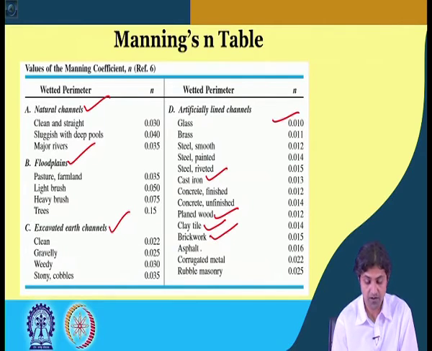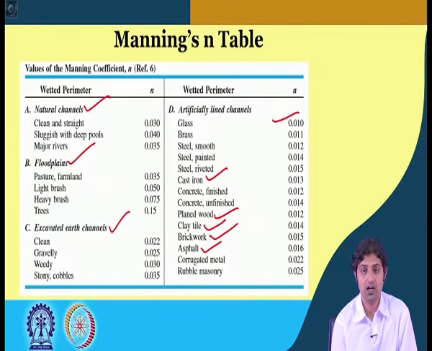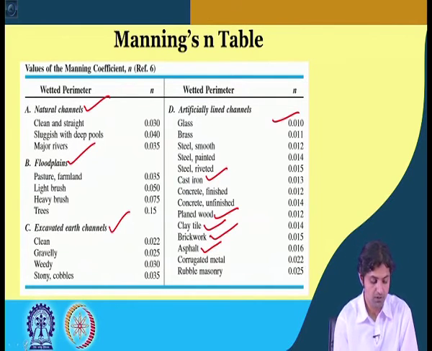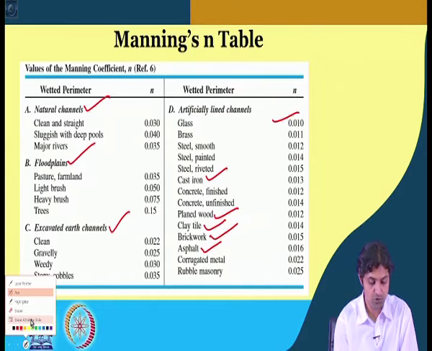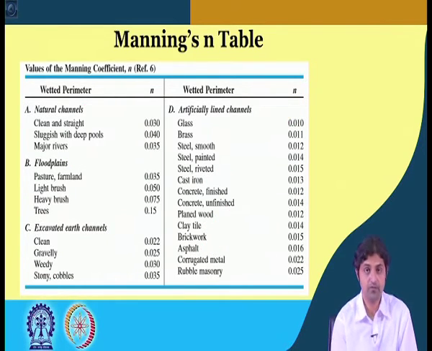For asphalt lining it is 0.016. You do not need to remember those values, but you should have an idea. For example, natural channels is around 0.035, glass is around 0.010, but in majority of the problems, if you are not asked to find out the roughness, you should be given what the Manning's parameter n is inside the question itself.